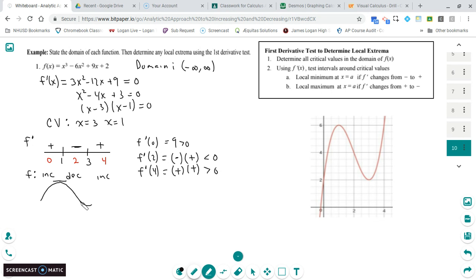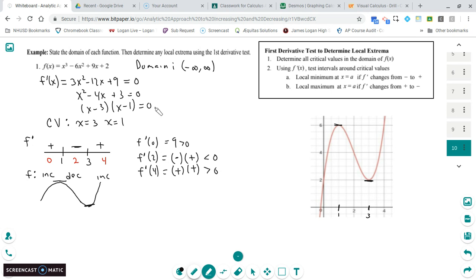Then it decreases till I get to x equals 3, and then it starts increasing. And you can see that modeled right here. This is at x equals 1 right there, and then at x equals 3, here's my graph. There's the horizontal tangent, and it's decreasing in that region, and then it's increasing again. So you see how you can sketch it just by doing an analysis, and you get precision in numbers.